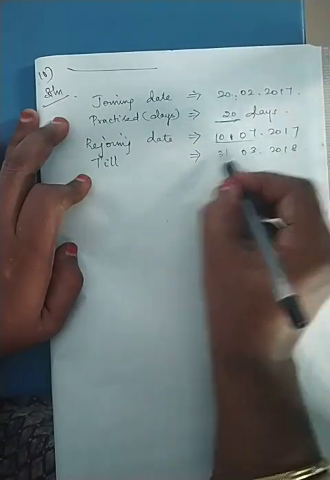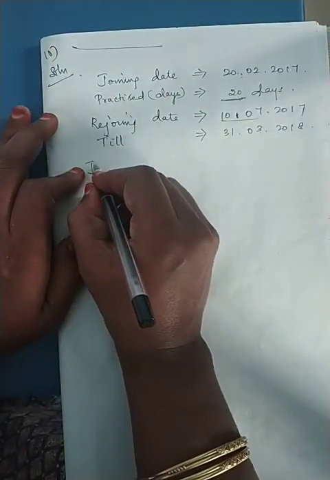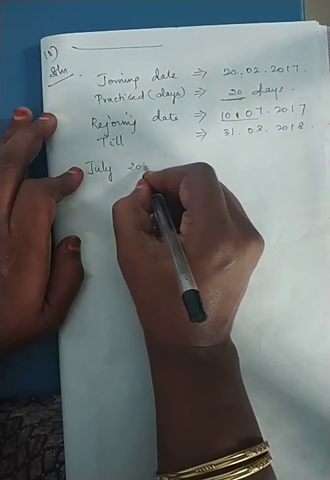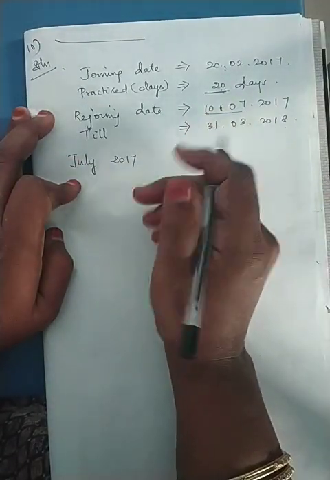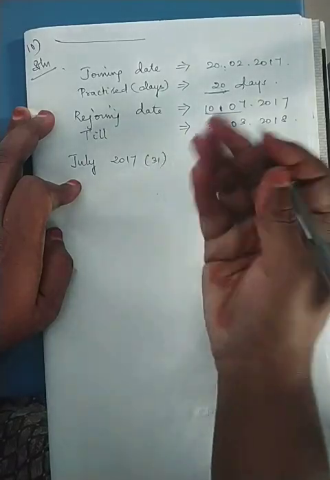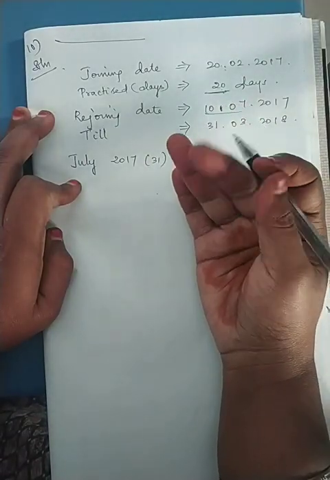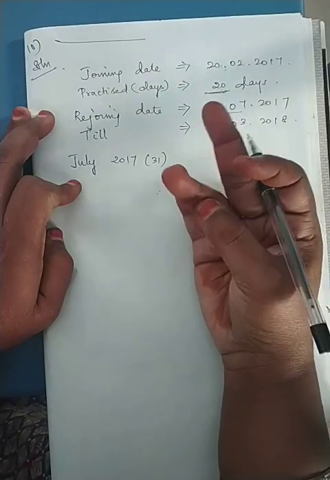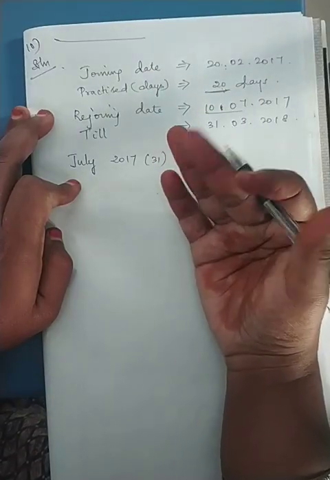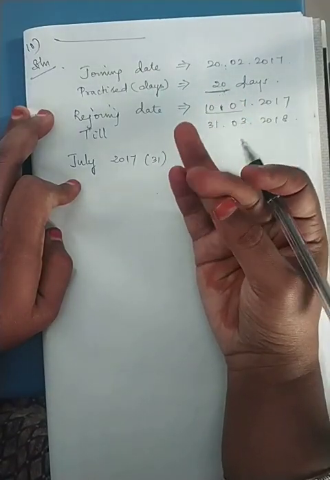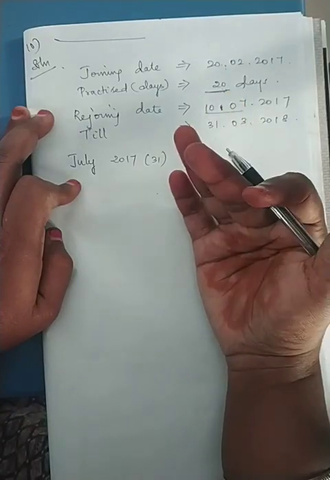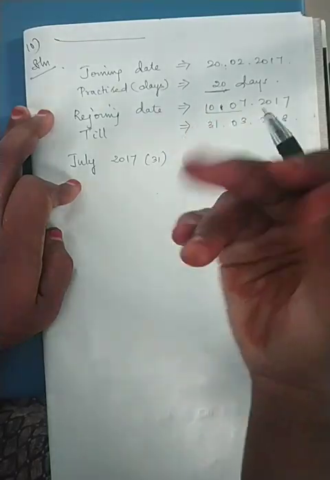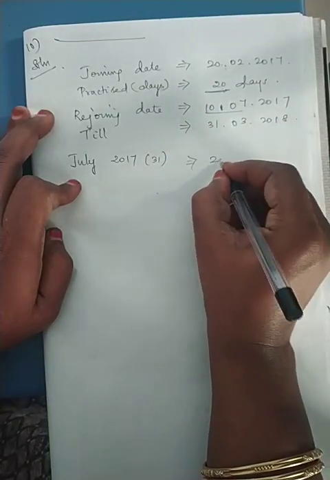So from this month, that is 10th July, how many days are there in July 2017? From 10 you have to calculate. July has 31 days. So 10, 11, 12, 13, 14, 15, 16, 17, 18, 19, then 20, 21, 22, 23, 24, 25, 26, 27, 28, 29, 30, 31. So you will be having 22 days.